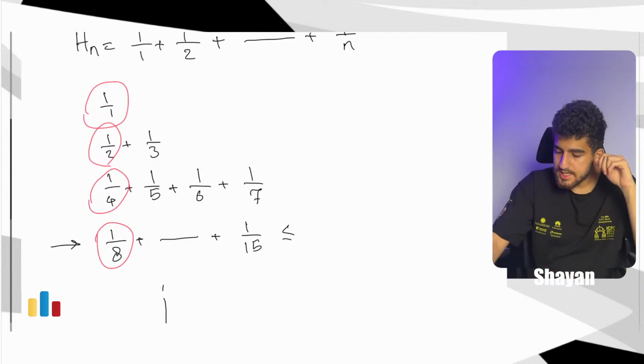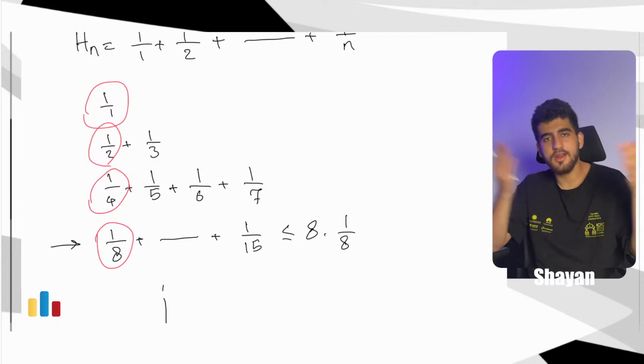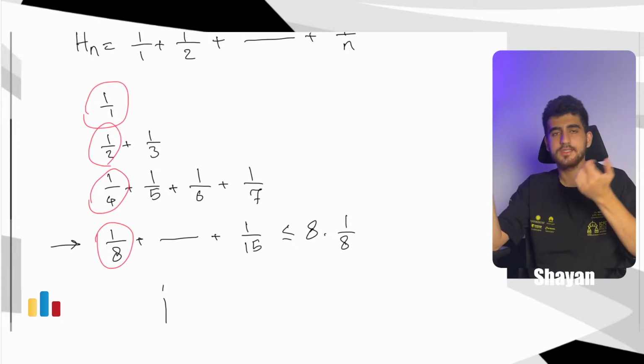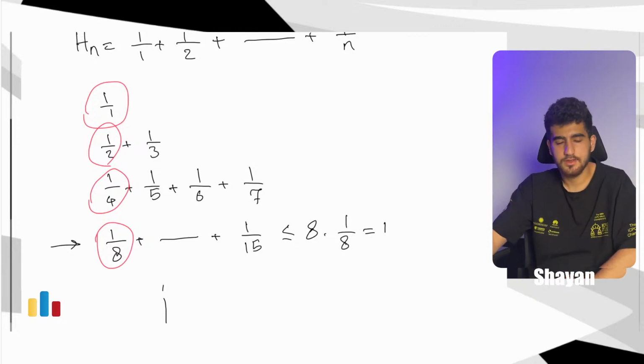So this sum is less than or equal to 8 times 1 over 8. Because 1 over 9 is less than 1 over 8, 1 over 10 is less than 1 over 8, 1 over 15 is less than 1 over 8. So we have 8 numbers, each one less than or equal to 1 over 8, so the whole thing is less than or equal to 8 times 1 over 8, which is 1.